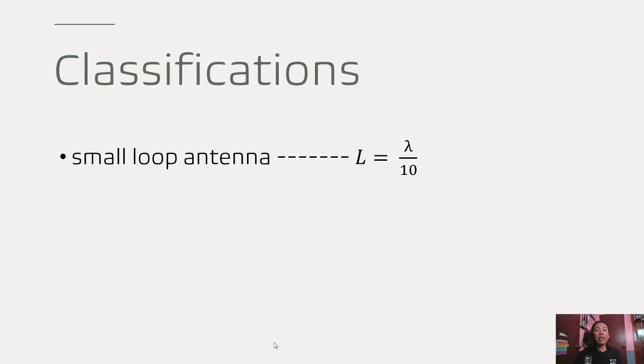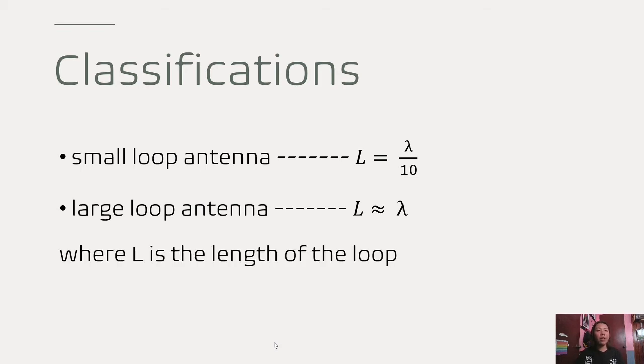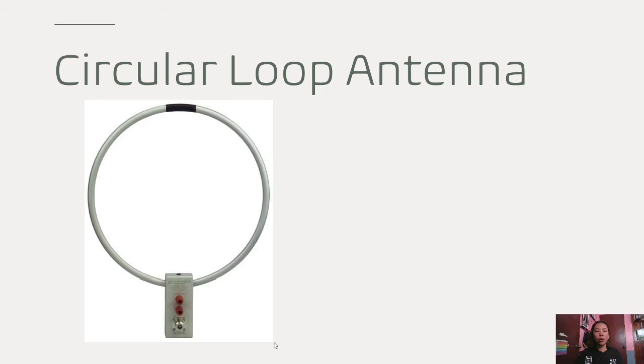The classifications of the loop antenna: it is a small loop antenna when the length of its loop is equal to 1/10 of a wavelength, and it is considered a large loop antenna when the length of the loop is approximately equal to a wavelength, where L is the length of the loop.